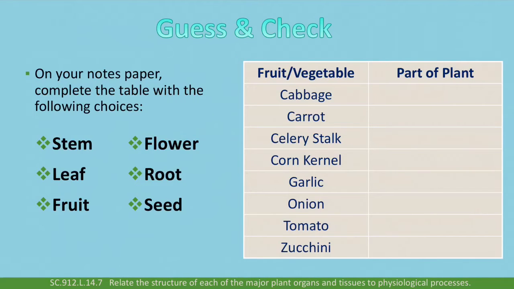You have 8 different fruits or vegetables. What I want you to do is each one of those fruits or vegetables, tell me what part of the plant it is with one of the 6 words on the left side. So go ahead, pause the video, and then whenever you're finished writing down what you think that part of the plant is, click play, and we shall resume.